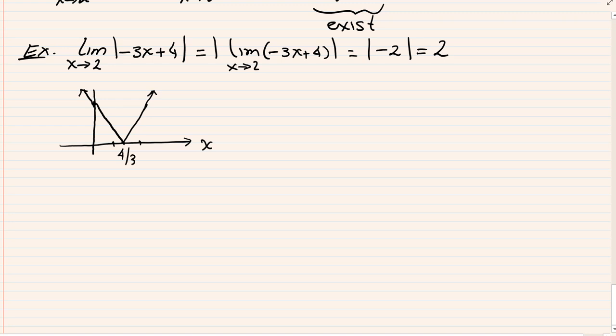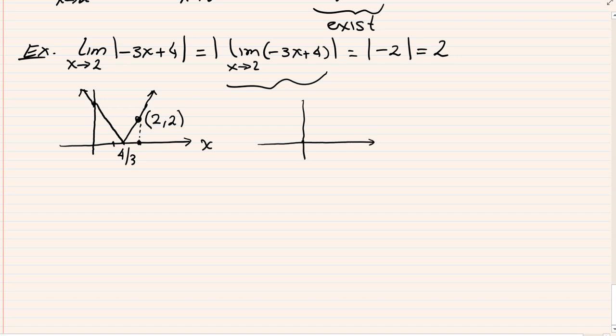This is at 4/3. Now suppose this is where 2 is, and it touches the graph here, and when x is 2, y is 2, right? Because again, I have the absolute value of negative 6 plus 4, that makes it 2. So that's what's going on with this one in terms of the limit. Now when I look at the other version, I'm actually looking at a linear function.